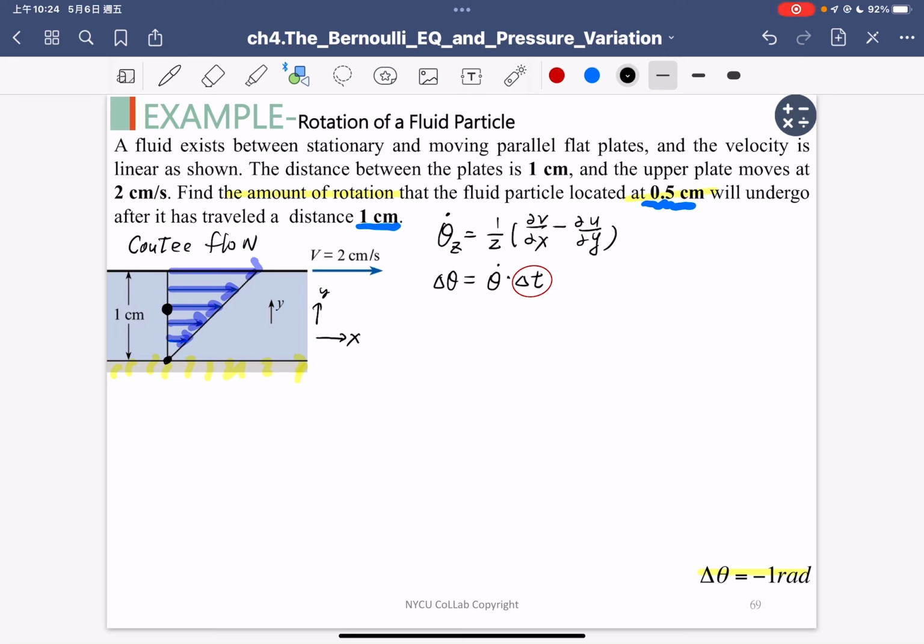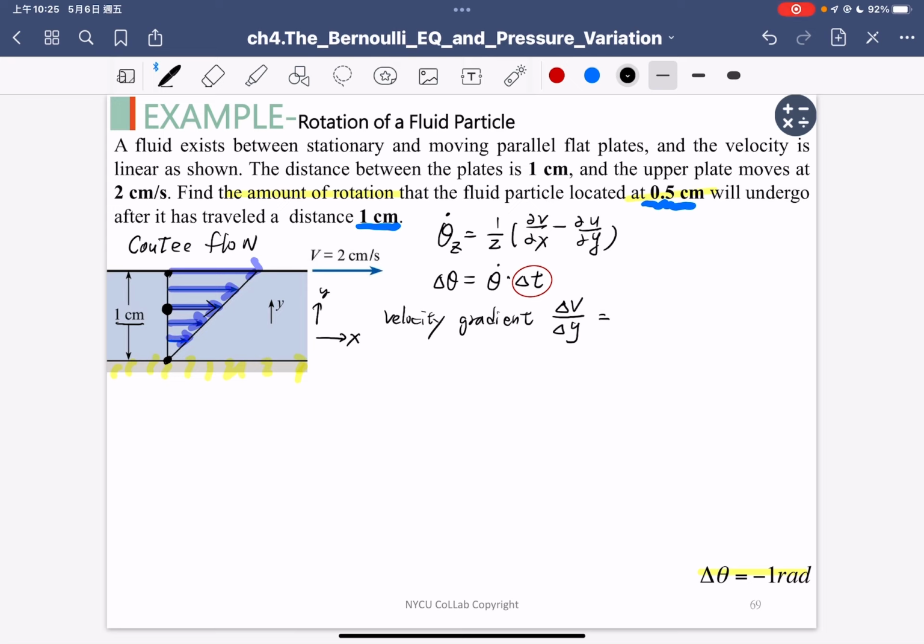So we need to know the velocity at this point. How large is the velocity at this point? So first we calculate the velocity gradient. We know that the distance from the bottom to the upper is 1 centimeter. And from the bottom to the upper, the velocity changes, so we have delta v over delta y.